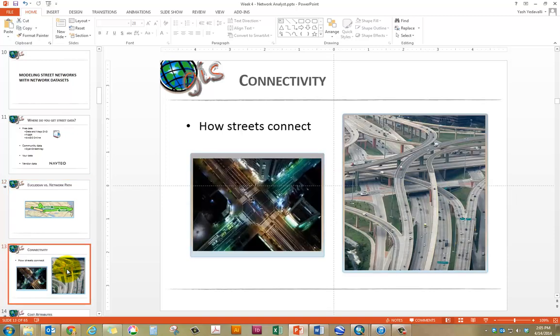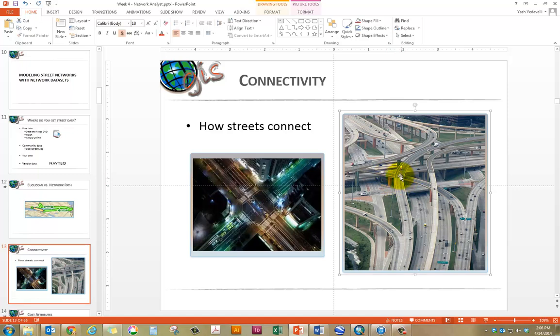So some other terminology you need to be aware of is street connectivity. How are streets connected? If you look from above, like from an aerial, a top view map, you won't really see what's going on underneath. All the streets look sort of interconnected, but if you examine it more closely, in reality those streets are not all interconnected.